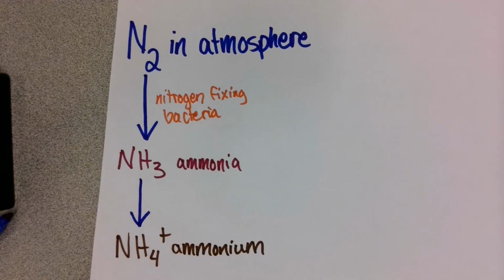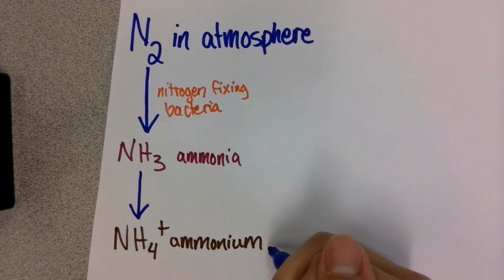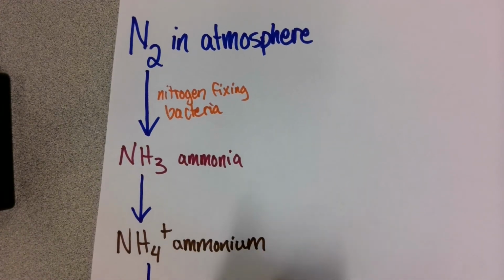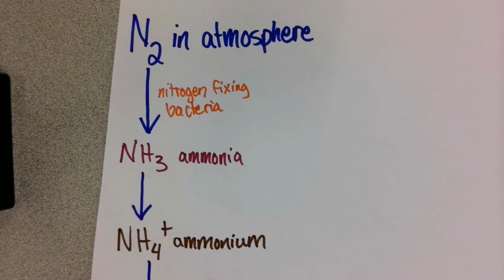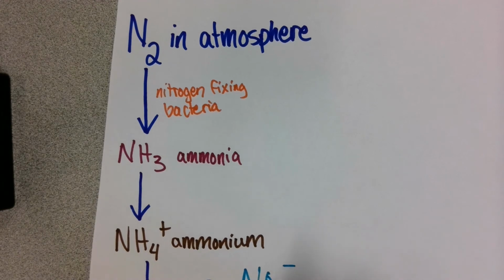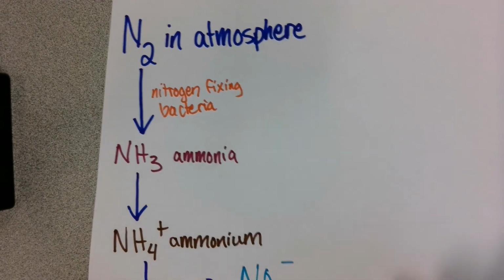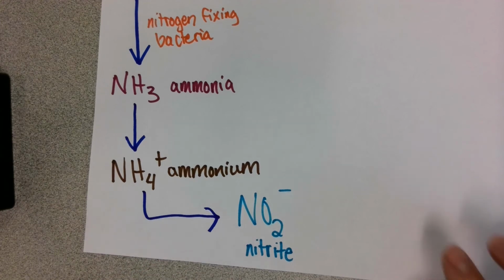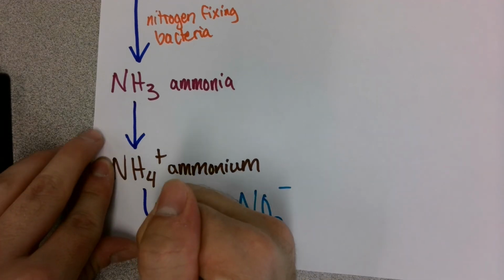Alright, so the ammonium is going to be converted into NO2 first, which is nitrite, and it's going to be done by specific bacteria known as the Nitrosomonas bacteria.